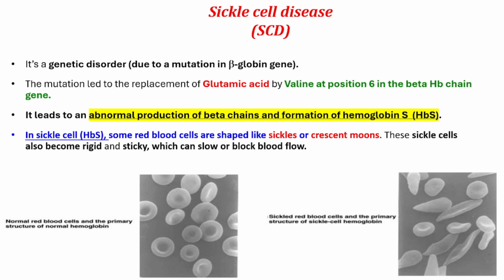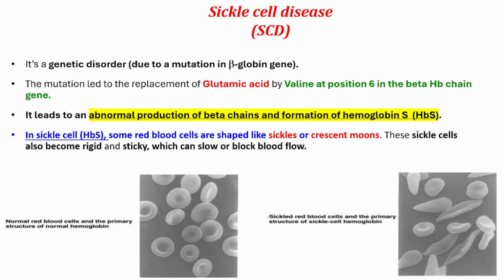So sickle cell disease, what are the causes of it? The cause of sickle cell disease is just a mutation in the gene which codes for the beta chain. We said hemoglobin is composed of alpha and beta, right? So the gene which gives me the beta chain is mutated.